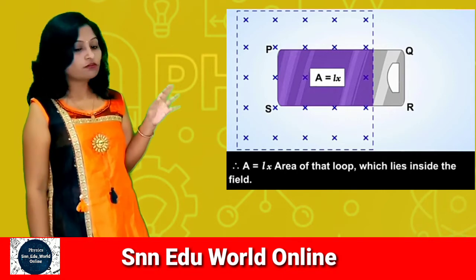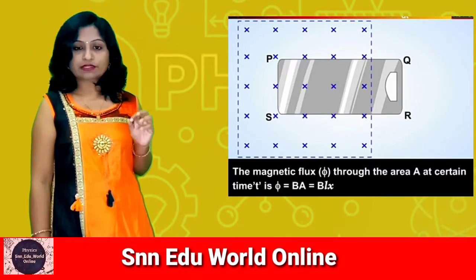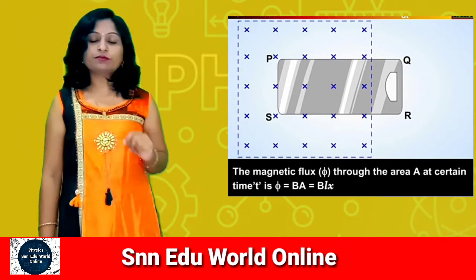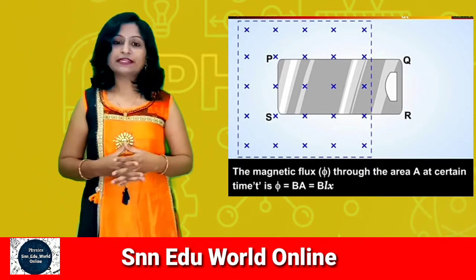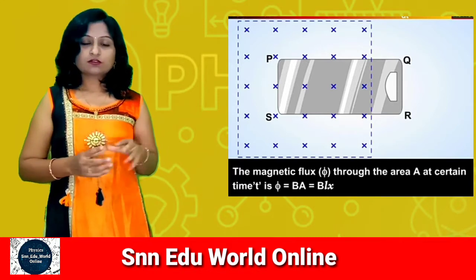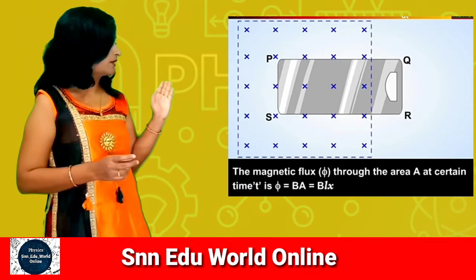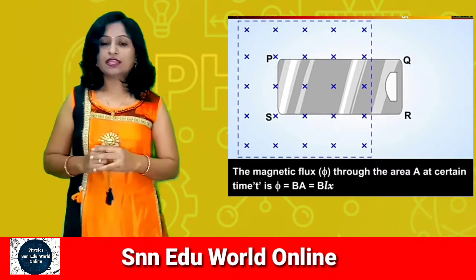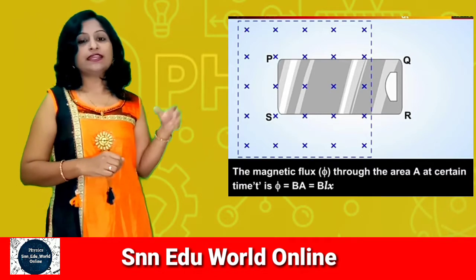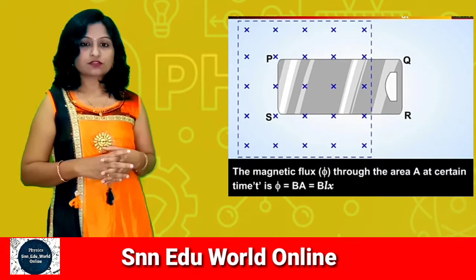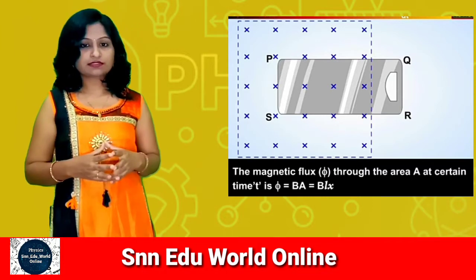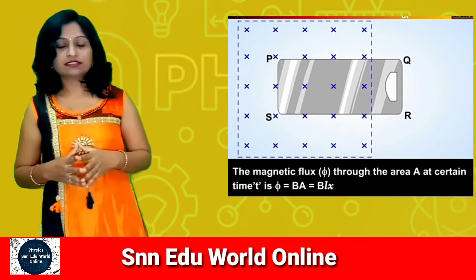Now magnetic flux through area A in time t is given by phi is equal to B into A. B is the magnetic field induction, A is the area, and phi is the flux. So it is related with this formula, phi is equal to B into A. Now we know from the above equation that A is L into x. So flux phi is equal to BLx. Okay, keep it as it is.